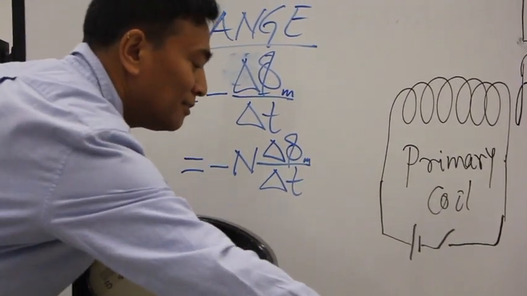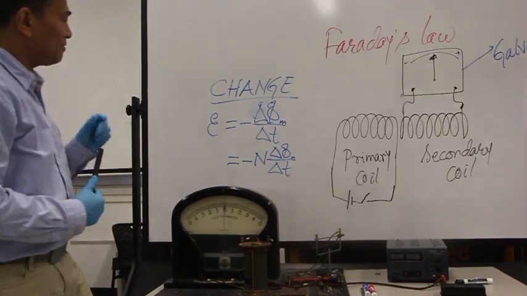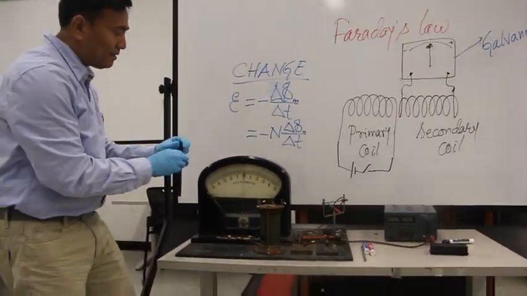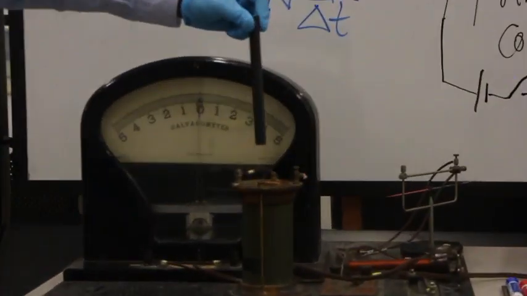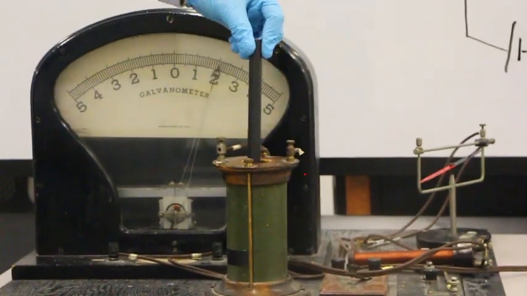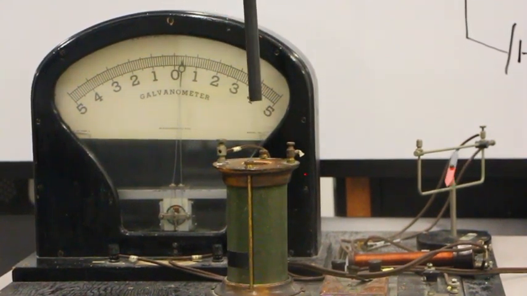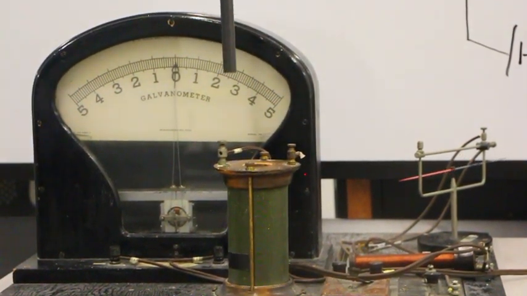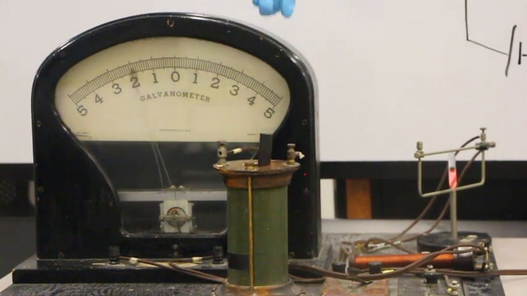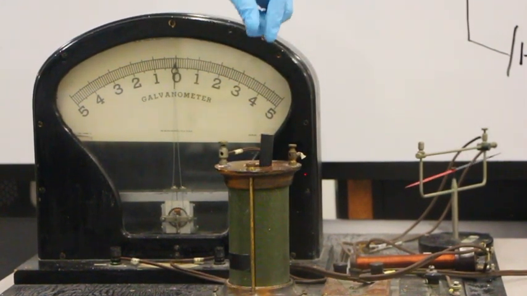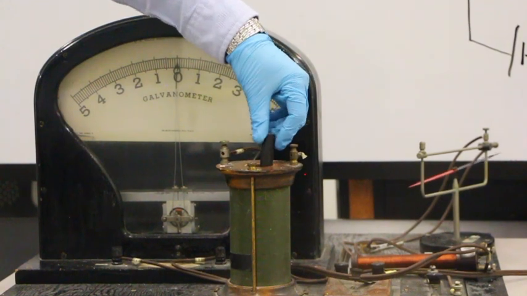Now I'll show you what that means. If I insert this slowly, the current is small, right? So if I move it very quickly, you will see a big current. And again, if I remove it quickly, you will see a big current.